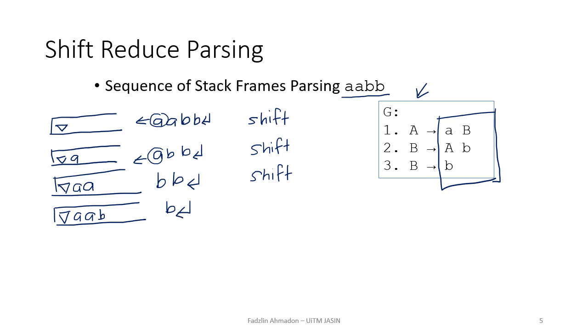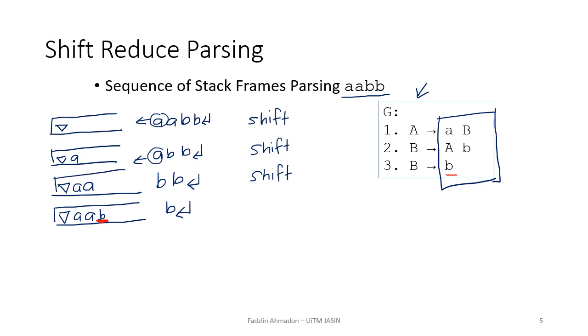Now when we scan the symbols on top of our stack, we will notice that on the right hand side of rule 3, there is a single B. And we also have B on top of our stack. Therefore, we can do a reduce operation by reducing B with rule 3.